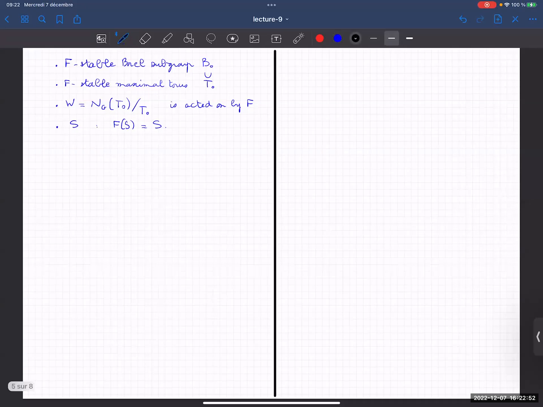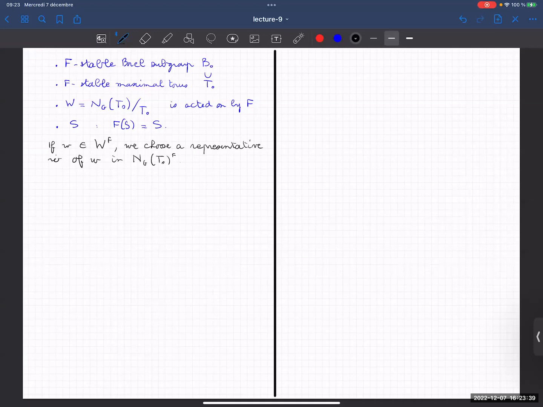And we can see an immediate application of this. First of all, if w is a fixed point under the action of F in W, I choose a representative ẇ of w in the normalizer in G of T0, which is F-stable.